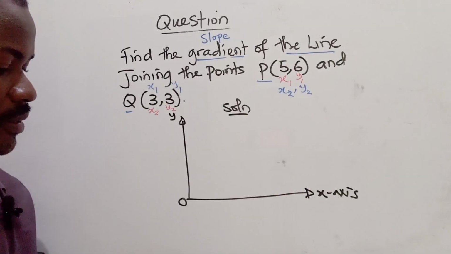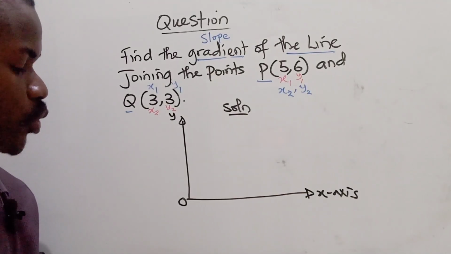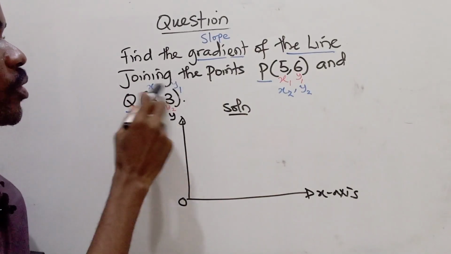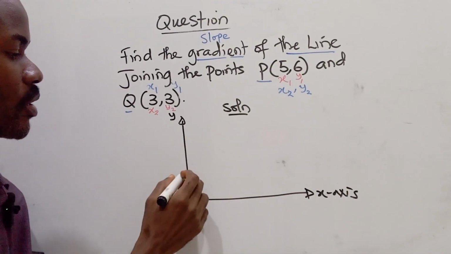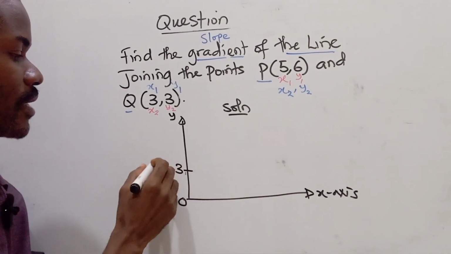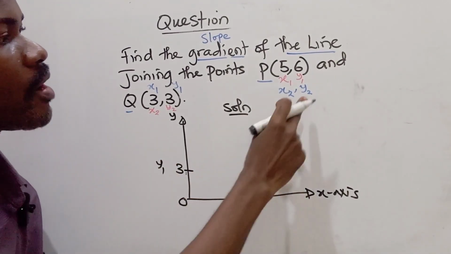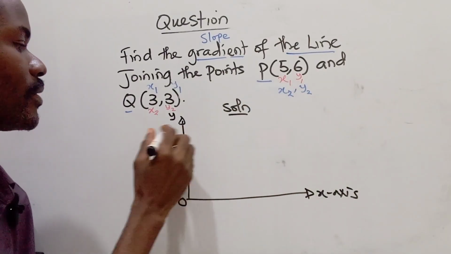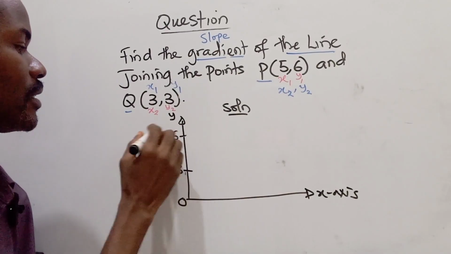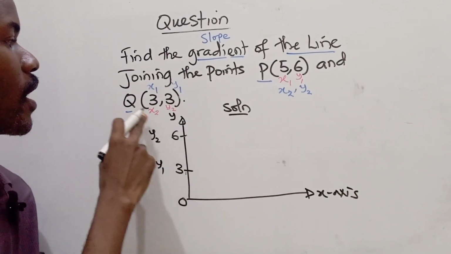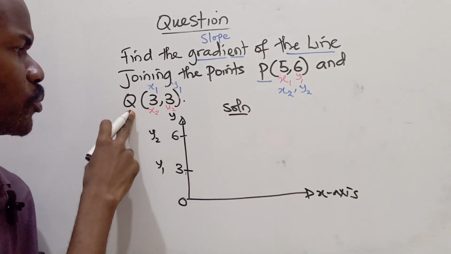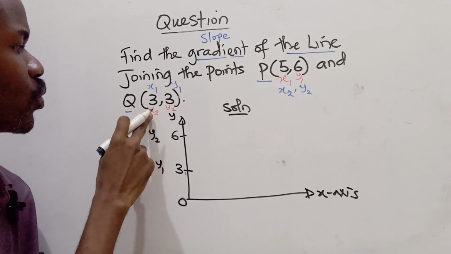So let's quickly represent it. Now I'm going to use the blue one. For my y1, I have it somewhere here as 3, that's y1. And our y2, let's say we have it at this point, which is 6. Now for our Q, we have our x1.